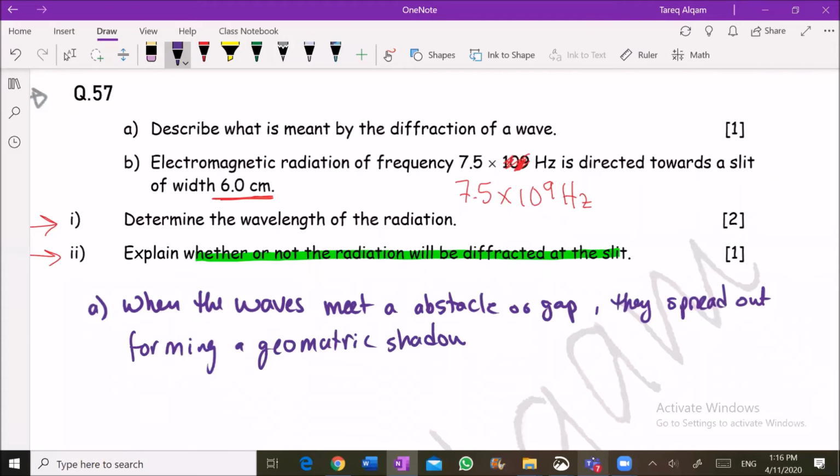Hemen, diffraction depends on what? Diffraction of the waves. When can it be maximum, when can it be minimum?